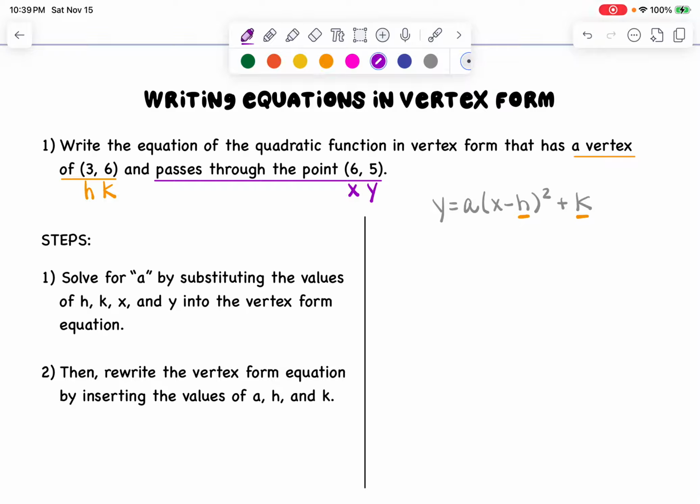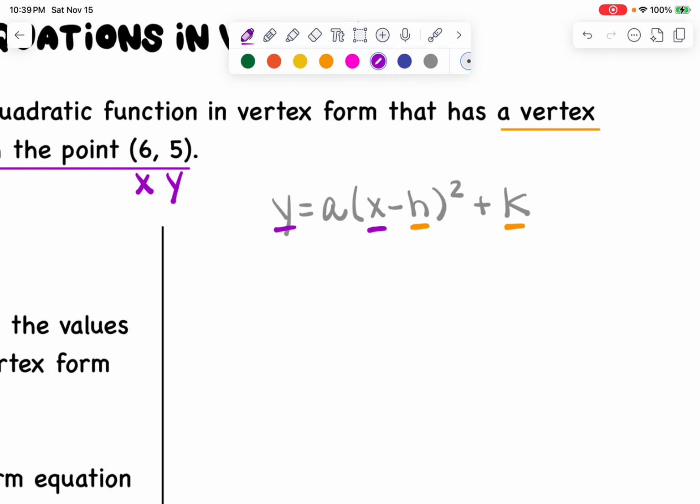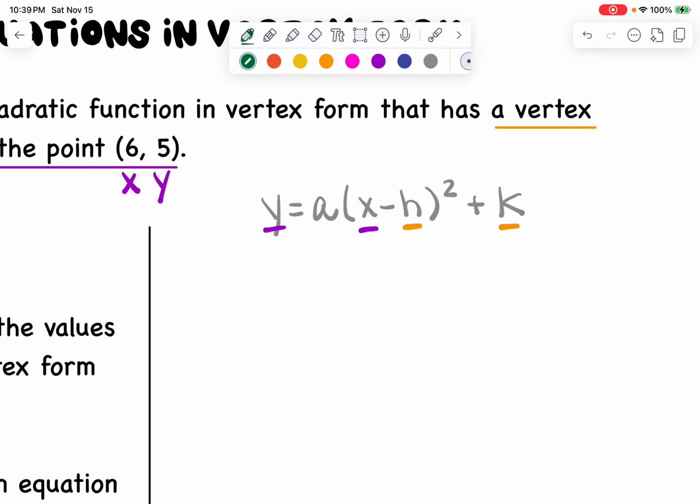And we were given a very specific x and y value that exists on this parabola. So what's the only variable left? Notice the a. So what we're going to do is use the x, the h, the y, and the k that they gave us, and solve for a.